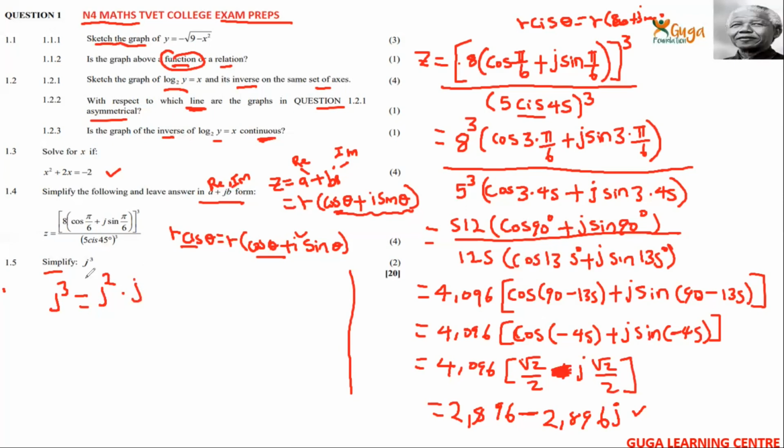And we know that j multiplied by j, or rather j squared, is equal to -1. So we can substitute -1 here multiplied by j, so we'll end up with negative j.